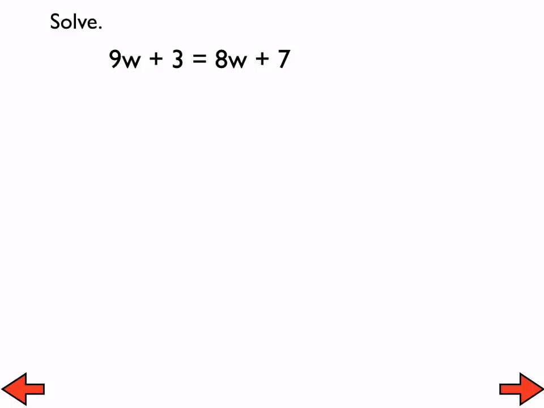This is what we did yesterday, where I want all of w's to be on the left, right? So I'm going to subtract 8w from both sides, and I get w plus 3 equals 7. So far, you agree?